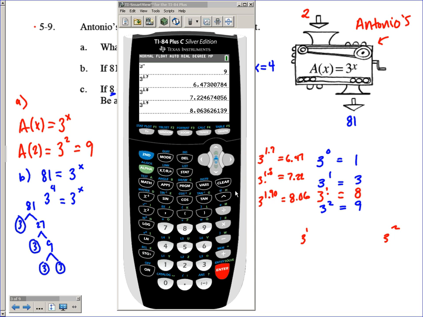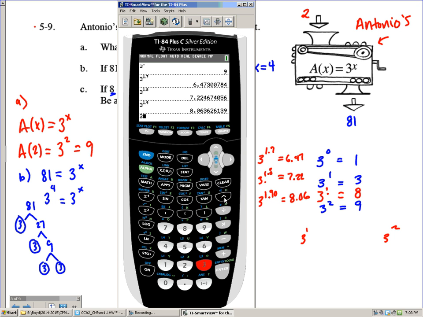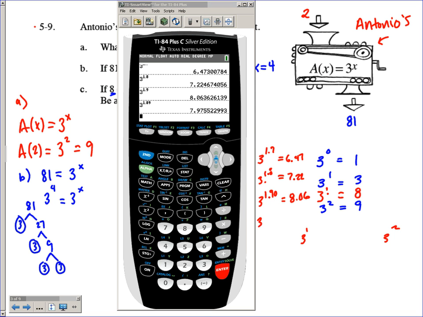I like that there. Let's actually go back 1/100th here to see how close we are. Let's do 3 to the power of 1.89. That one gives us 7.97.